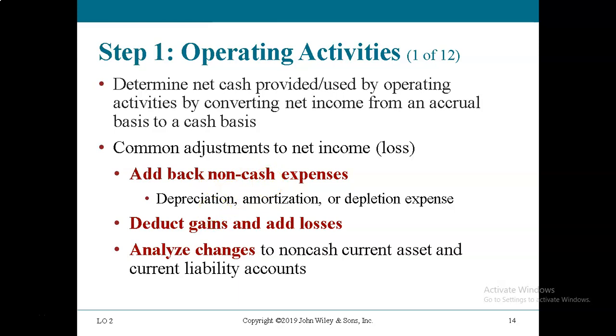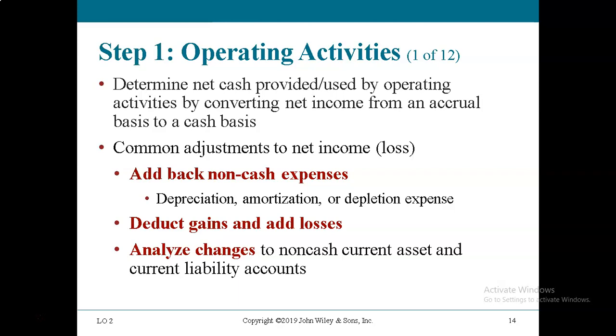the next thing we do is deduct any gains and add any losses. The reason is because if you have a gain or a loss, it's always because of something long term. For example, if you have a gain on sale of land, then the entire amount, including the gain, should be in the investing activity section, because the investing activity section deals with long-term assets.